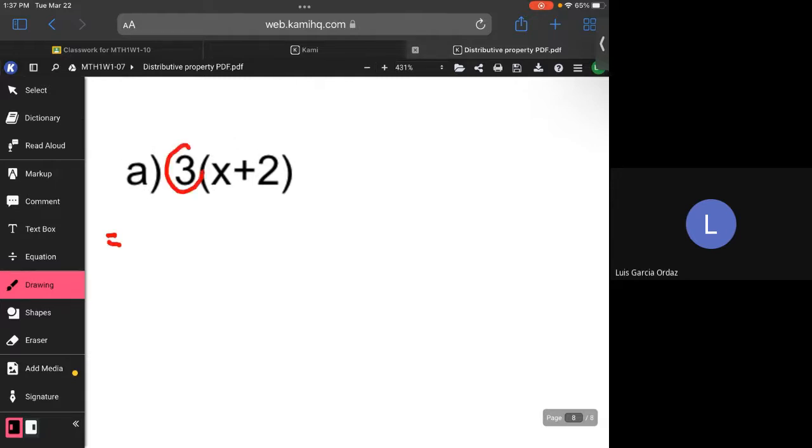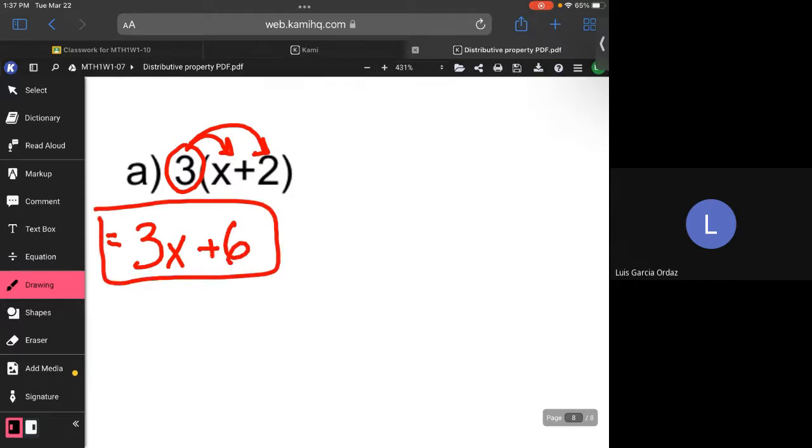I have to take this 3 and distribute it into my x and into my 2. So when I use the distributive property, what does it become, Sean? Nope. What's 3 times x? 3x. We're not assigning x a number yet. And then what's 3 times 2? 6. So I get 3x plus 6.